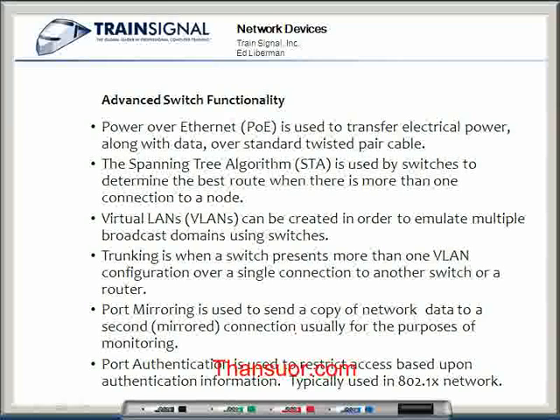Now, another thing that switches can do, and this is very popular in today's networks, is switches can create what's called virtual LANs or VLANs. And VLANs are created in order to emulate multiple broadcast domains. So what you're doing is, instead of physically dividing into different broadcast domains via a router, you can actually be connected all into one switch and then have that switch logically say, okay, we're going to add a little routing functionality into this and truly divide this into two different broadcast domains.